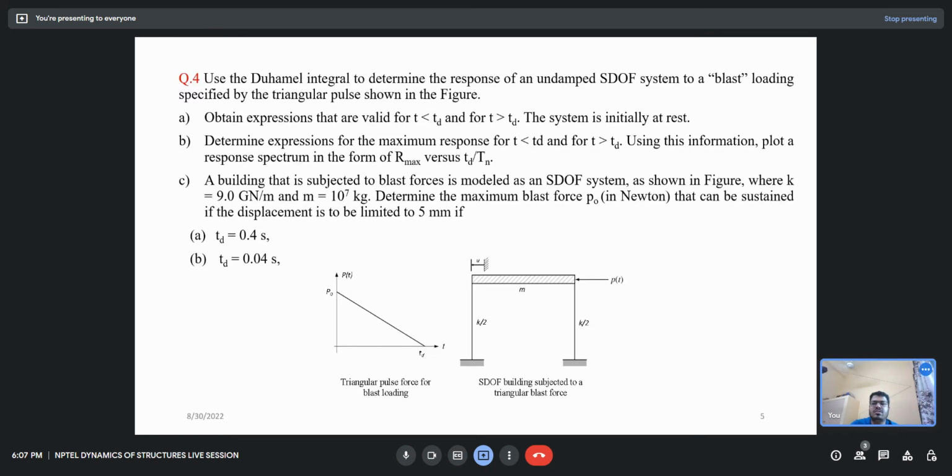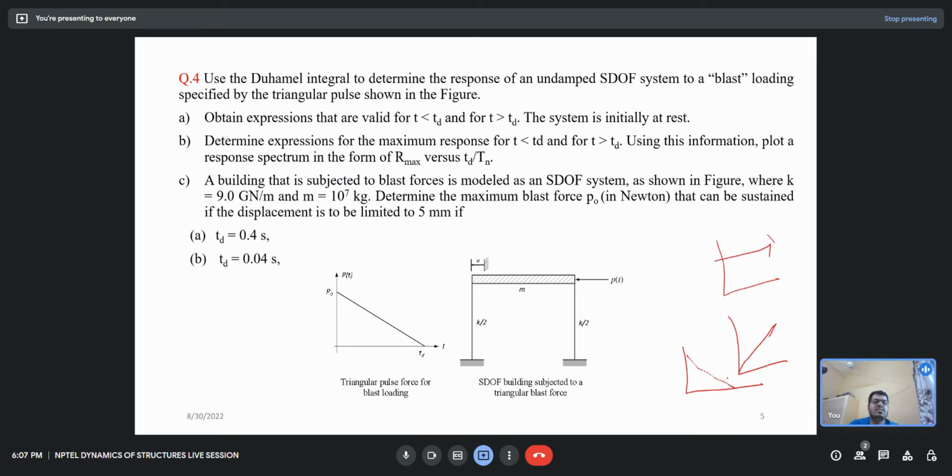The statement of the problem is: use the Duhamel integral to determine the response of an undamped SDOF system to a blast loading specified by the triangular pulse. Till now we have solved questions related to the step force and the step rising force. Now we have a question related to the triangular pulse.